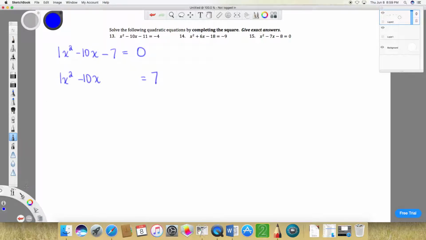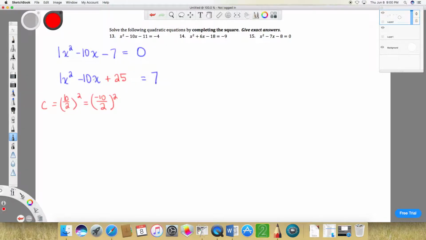And I know from my previous problems to take half of this value of C that I want to take B over 2 and square it. Okay, so B is -10, and I'm going to take half of -10, which is -5. And -5 squared is 25.